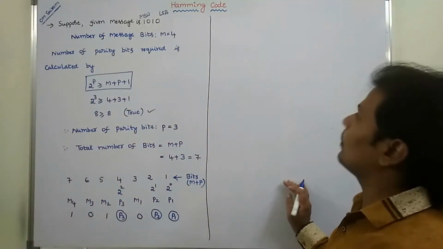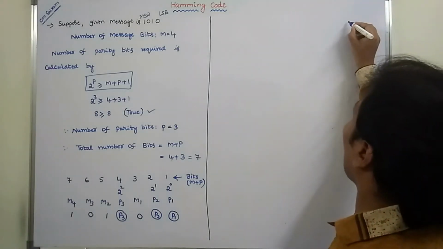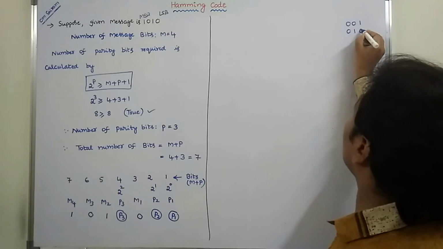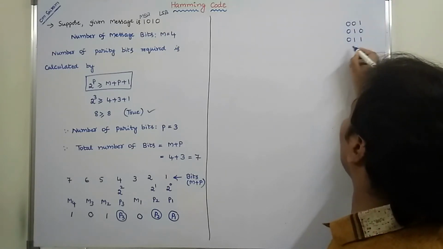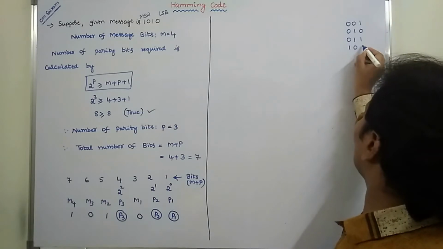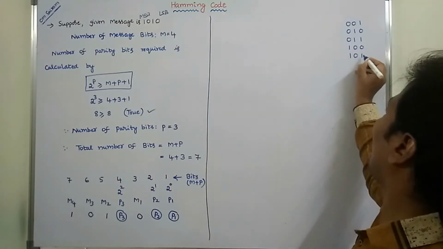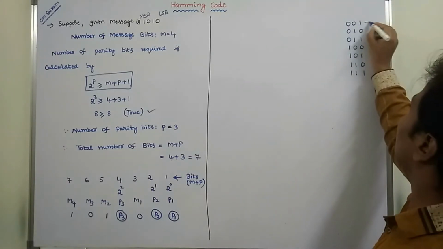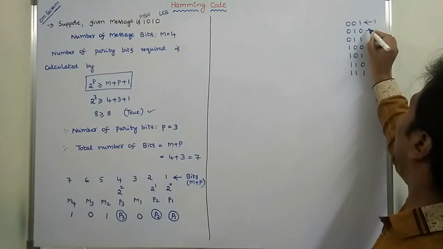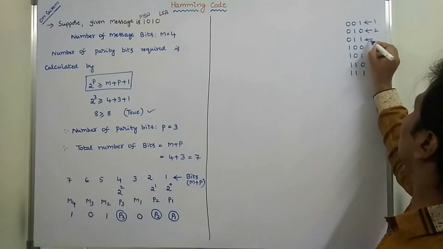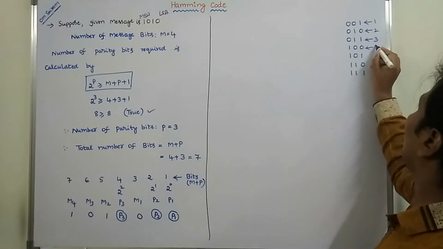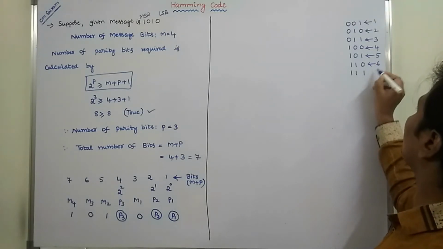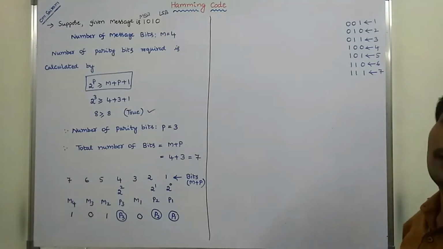So the 7 bit positions can be represented in binary as 001, 010, 011, 100, 101, 110, 111. These are the binary equivalents of the decimal 1, 2, 3, 4, 5, 6, 7.